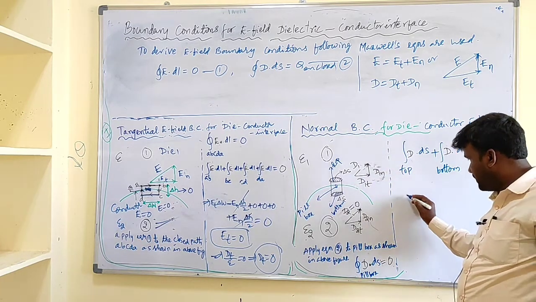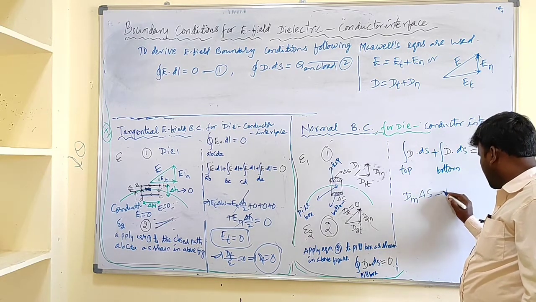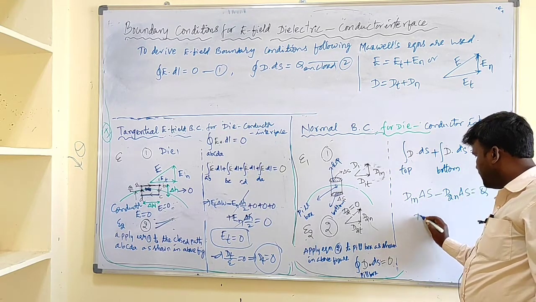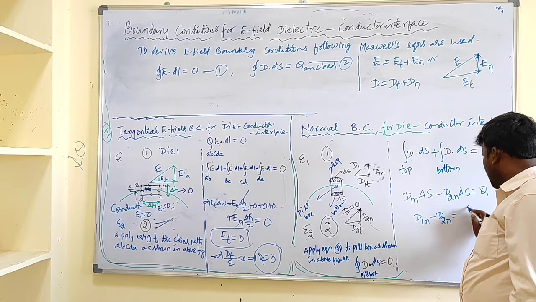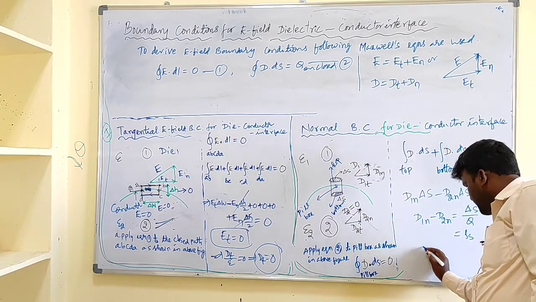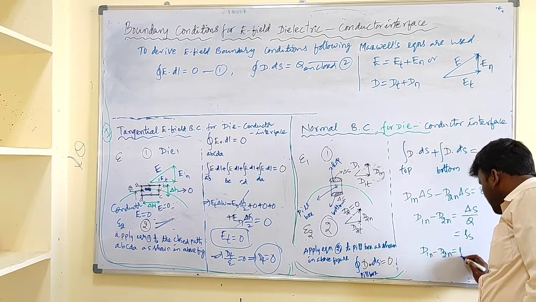For the top we have D1n delta S, and for the bottom D2n delta S, equal to Q. So D1n minus D2n equals Q by delta S, which is rho s. So D1n minus D2n equals rho s.